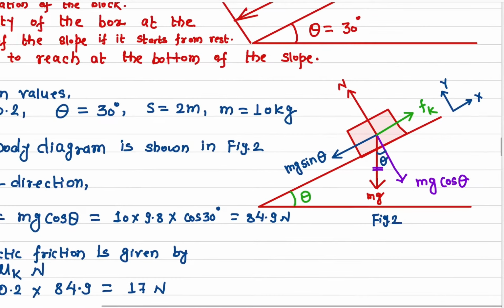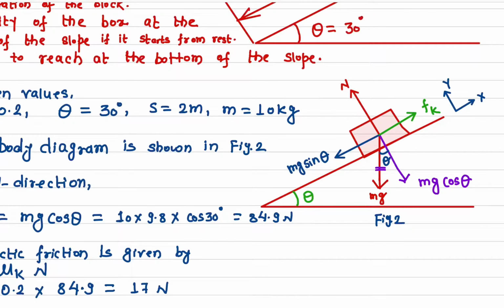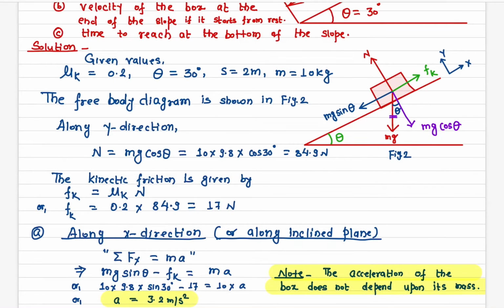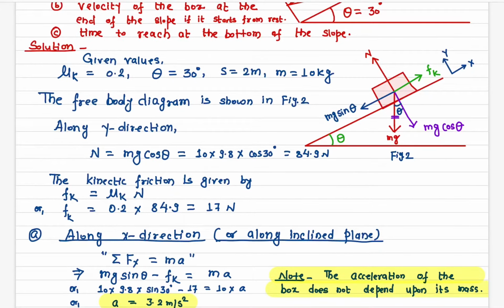So we have now resolved all the forces into two rectangular components, along the x-axis and along the y-axis. Let's find out first what the friction force is. Let's take a look along the y direction first. Along the y direction, we have two forces, the normal force and mg cosine theta.